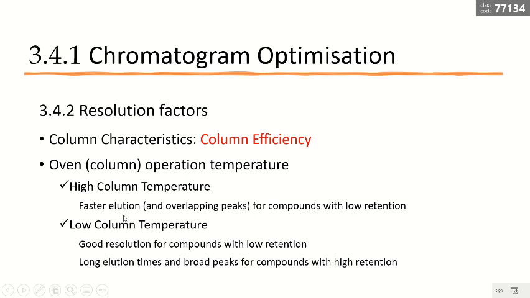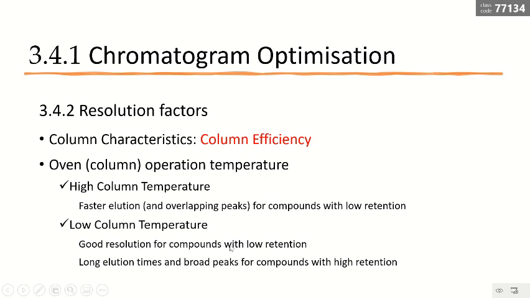Okay, sounds like a favorite way if we are really on the track to run it. But normally this also leads to lower retention. Of course, when it runs faster, the retention time will be shorter. On the other hand, the lower temperature will actually give us a better resolution.